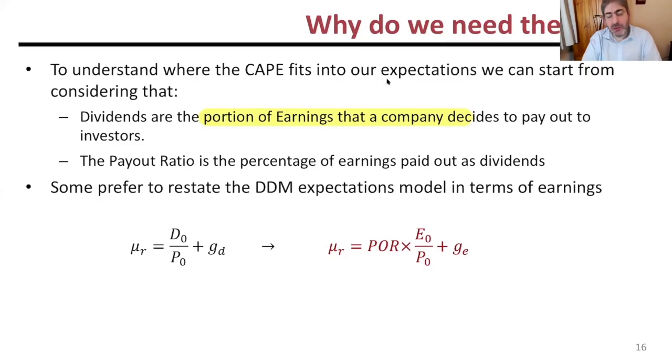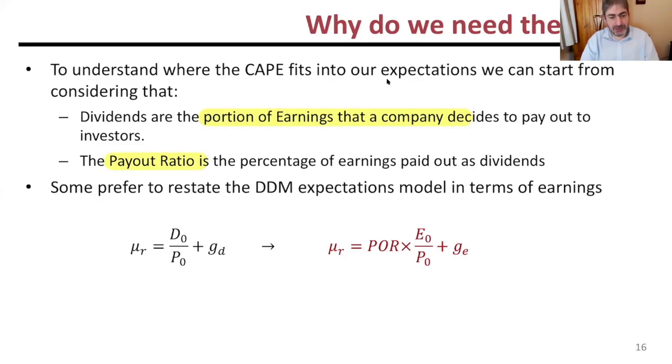And normally we call payout ratio the percentage of earnings that is paid out as dividends, okay? So if a company has earnings per share of $1 and the payout ratio is 60%, the dividends will be 0.6, okay?